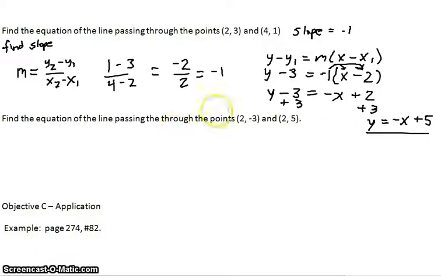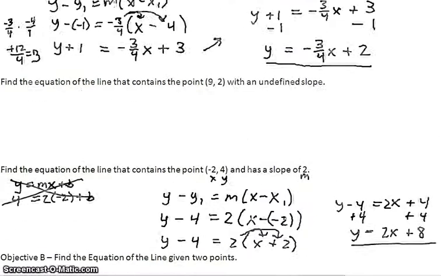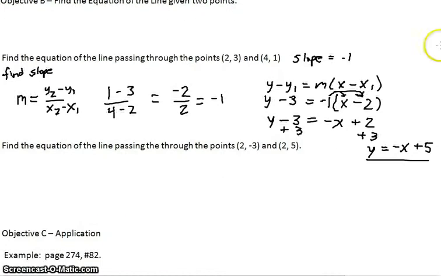So looking at something else here, this is actually going to deal with both of the problems, like you see here with this one and the one that I kind of skipped. Okay? So the first thing you need to do is find the slope, since you need that to define an equation.